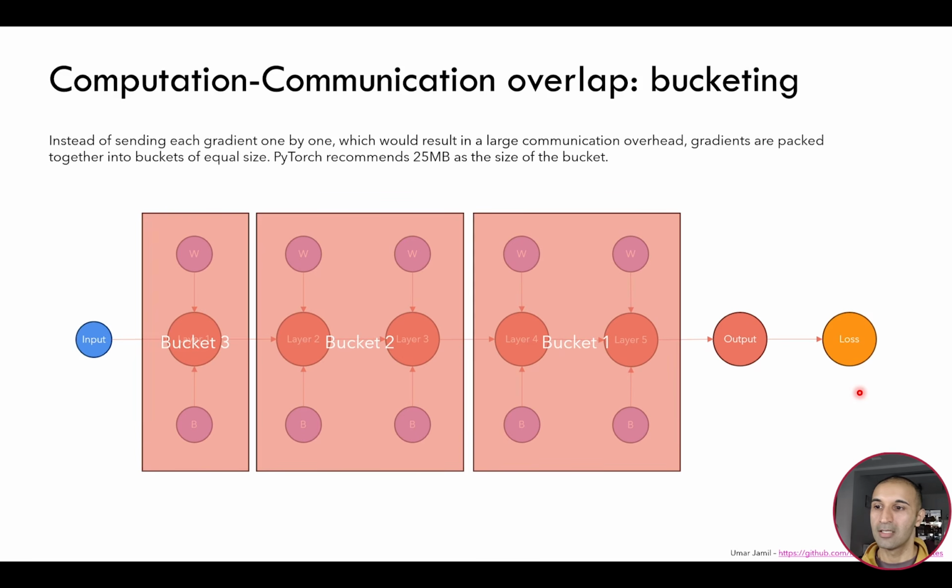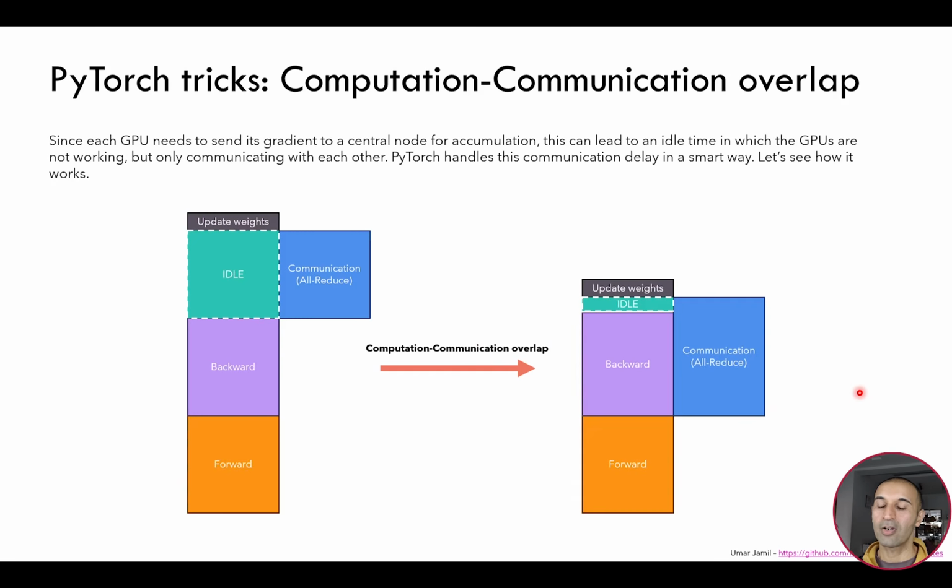This way, as you saw before, we can overlap the communication overhead with the calculation of the backward step. So while we are calculating the gradients, we already send them, so that the total time to process the forward, the backward, the communication, and the updating is less because two steps are overlapped with each other.